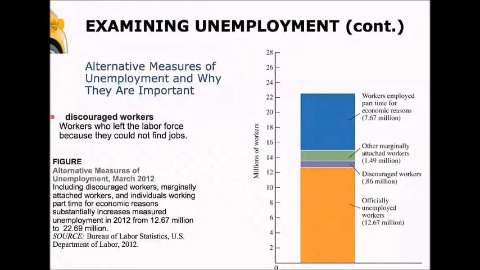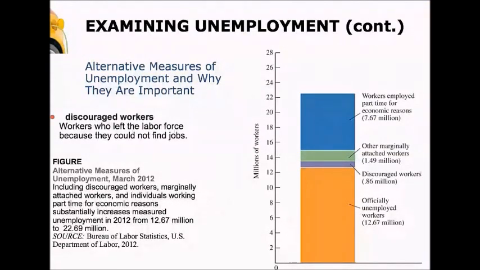If we look at March of 2012, the estimated number of discouraged workers was about 0.86 million, or 860,000. That's on top of the officially unemployed workers of 12.6 million. There are other marginally attached workers of about 1.5 million. And we had workers that were employed part-time that might prefer to be working full-time. That's 7.6 million. So we can straightforwardly measure the officially unemployed workers.